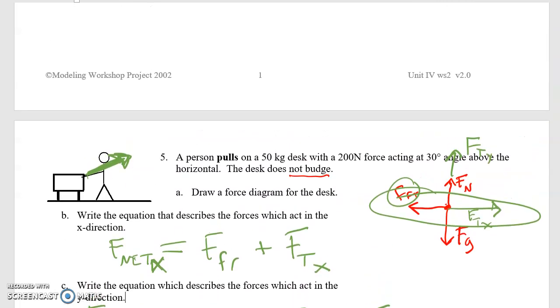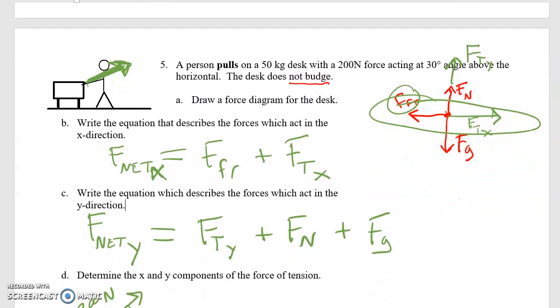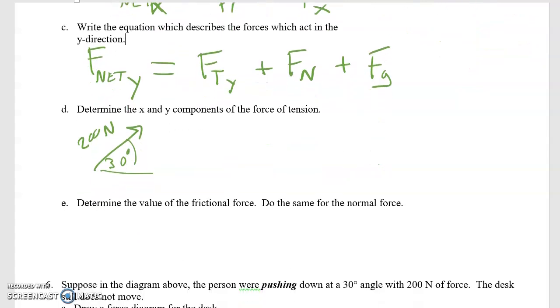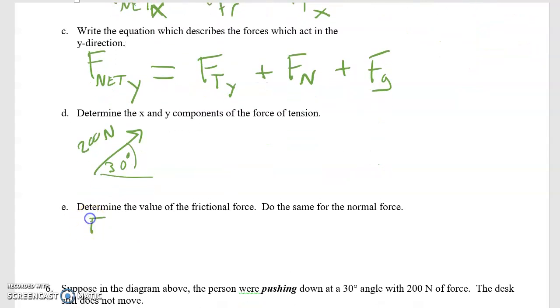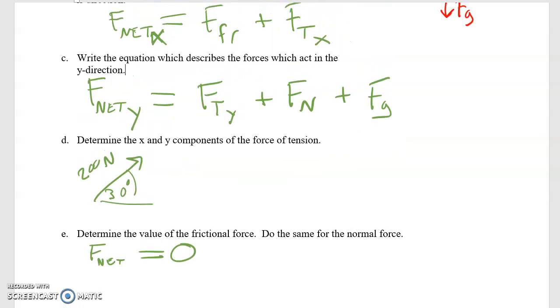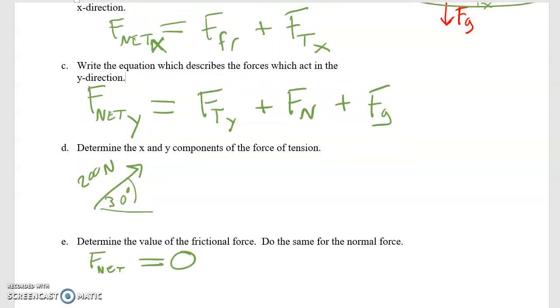And here's the key to all this. The desk does not budge. The desk does not move. So what does it tell you about the forces that are acting on this desk? That means the net force must equal 0. Everything must cancel out. So we go to the frictional part, which is in the x direction.